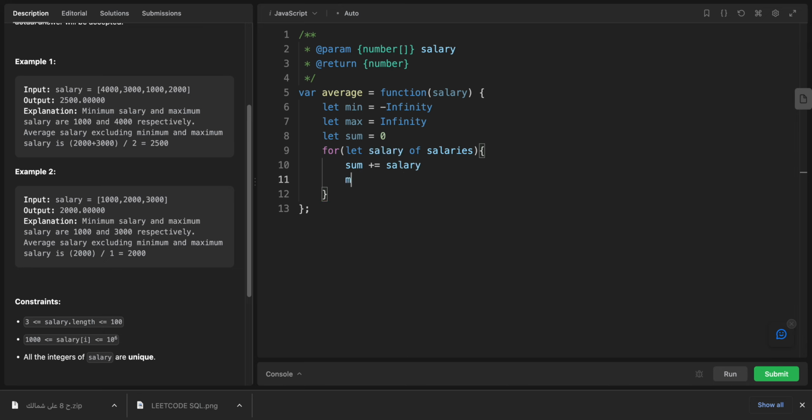And I will say min equals Math dot min, the min value or salary.